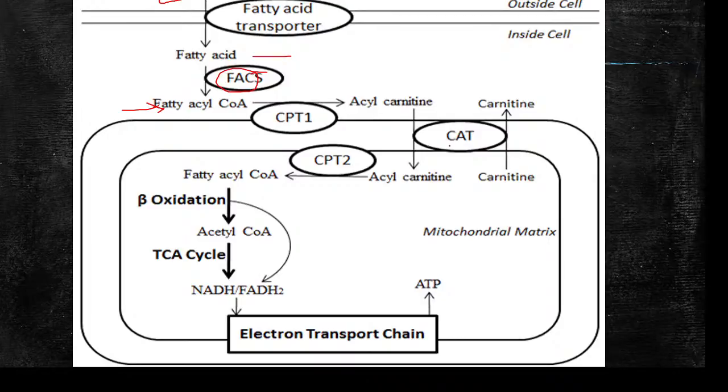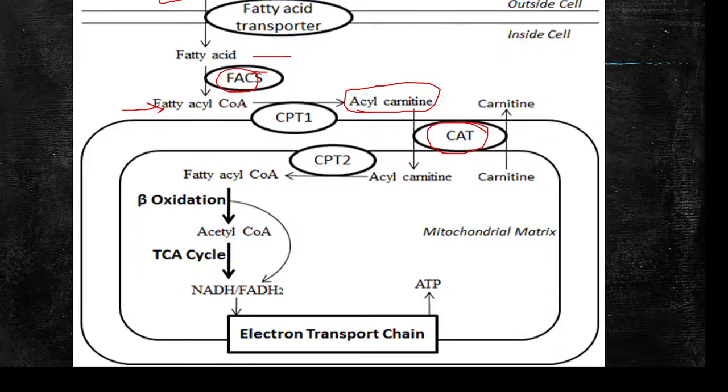the carnitine shuttle. Here carnitine binds with fatty acyl CoA and forms acyl carnitine. The acyl carnitine is permeable through the mitochondrial membrane, with the help of a specialized protein, the carnitine acyl transporter protein, so it can pass through easily.